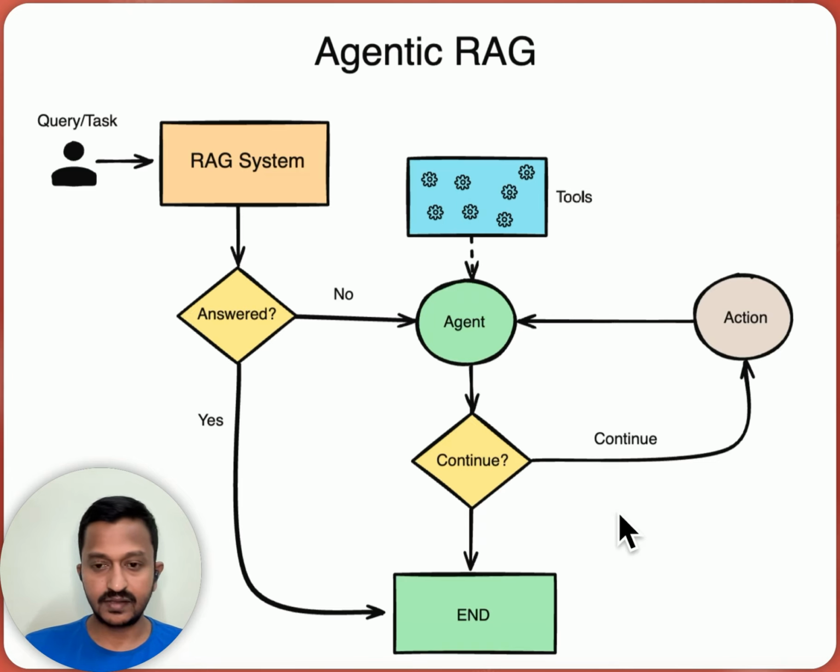So if you see in this diagram here, we are basically using an agent. When a user query comes in, it goes through your traditional RAG type of setup, and if the response generation is satisfactory, it's all okay and it will end there. But if the user query or the task is really complicated, that is where we can use the so-called agents.